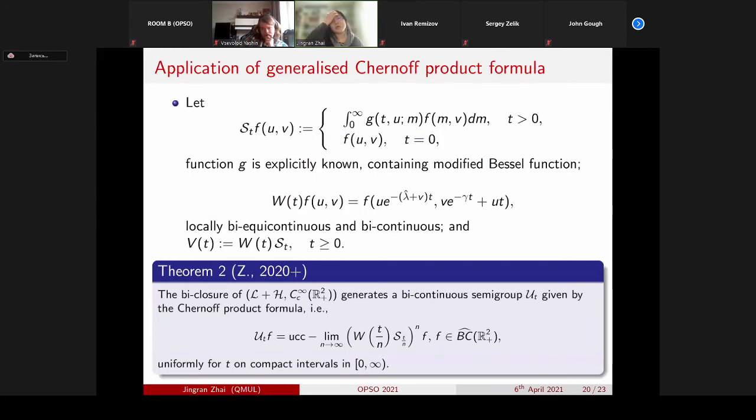How we construct Vt is by considering the second order operator L and the first order operator H separately.